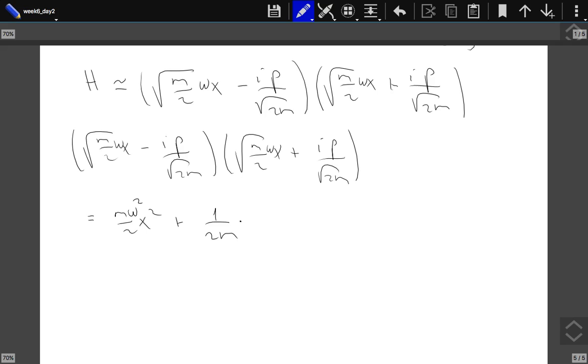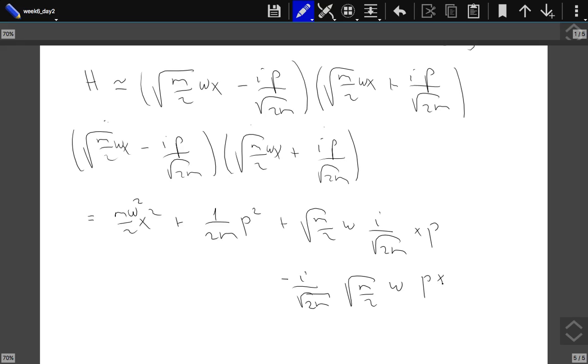The product of the second terms is 1 over 2m p squared. Well, this is my Hamiltonian, but I have additional terms. The first and the second term gives me square root of m over 2 omega times i over square root of 2 omega x p. And the product of the second term and the first term gives me minus i over square root of 2m, square root of m over 2 omega p x.